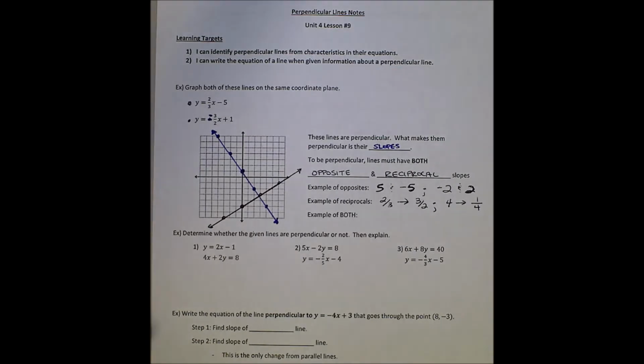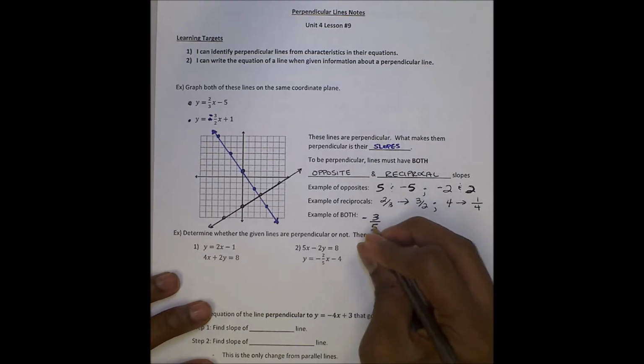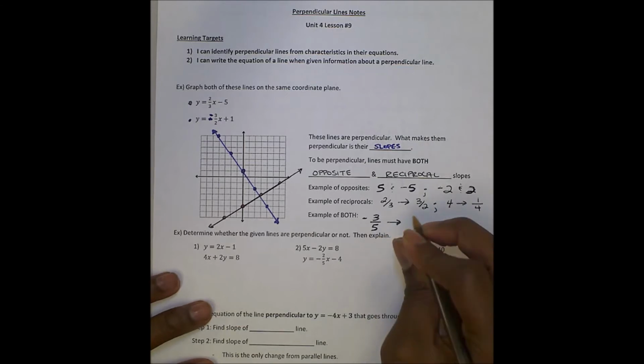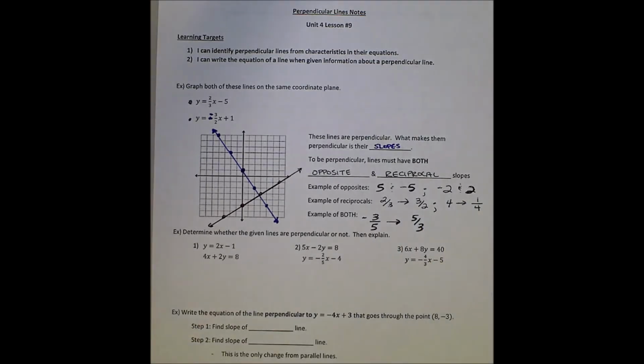Okay, so an example of both, let's say I have -3/5. Its opposite reciprocal would be +5/3. So notice that we made it opposite in the sense that now it's positive, and the reciprocal by flipping the numerator and the denominator.